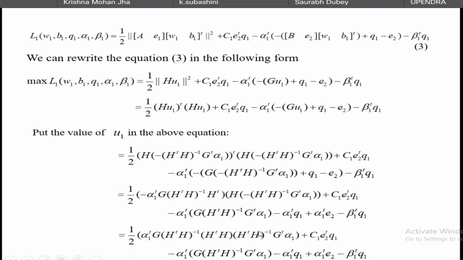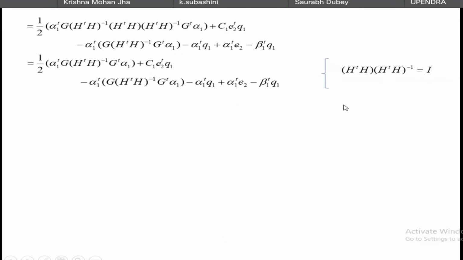Then H transpose H inverse you can write in this manner. So G transpose, everything is same. Now I think you know the property A inverse A is equal to I. So I'm using that property here. That means this particular thing you can replace by I.